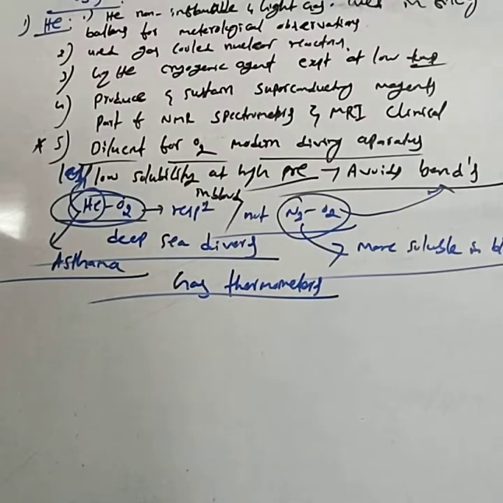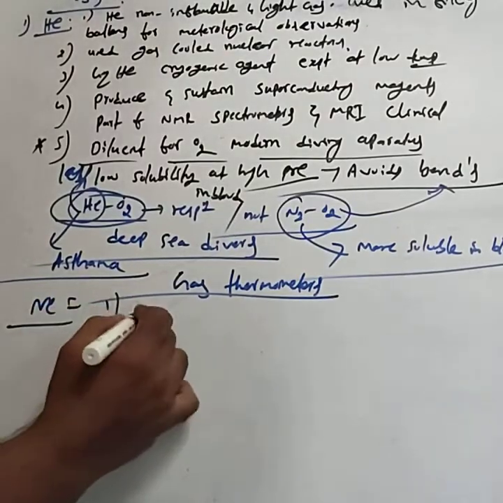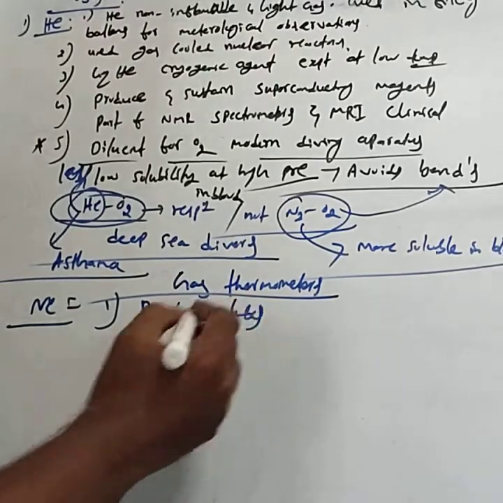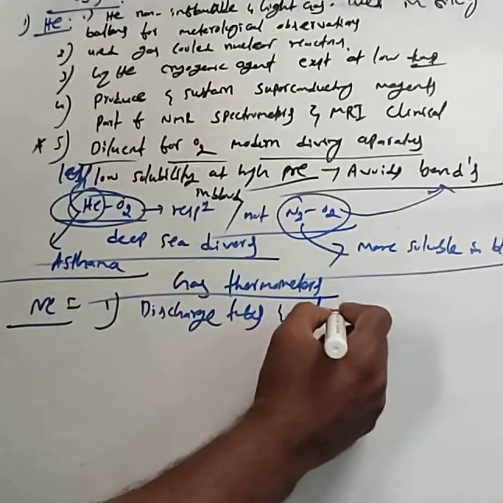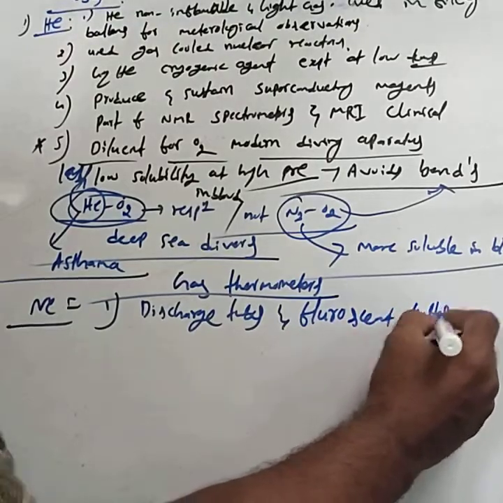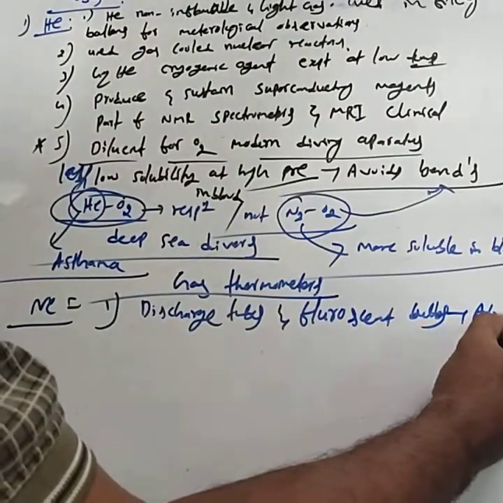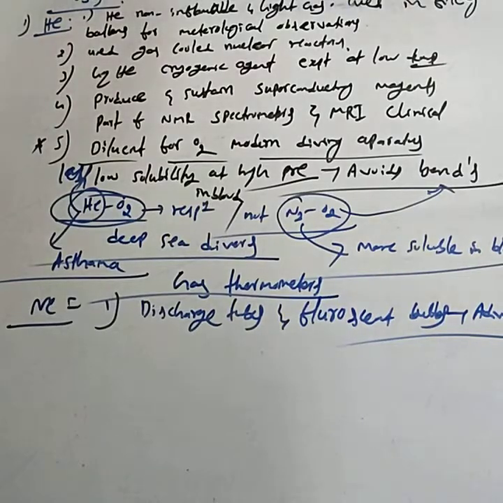Then take the uses of neon. Neon is used in discharge tubes and fluorescent bulbs for advertisement.